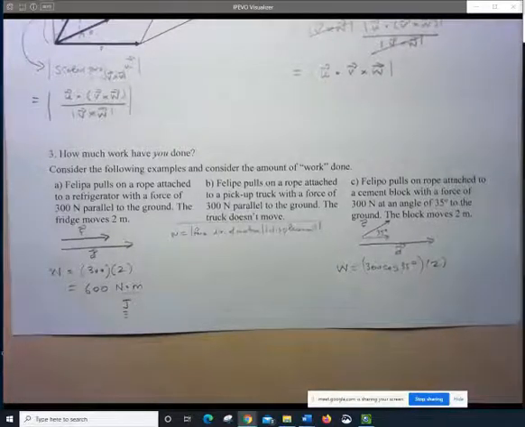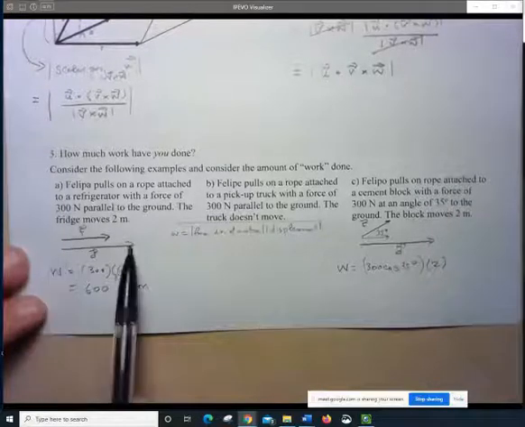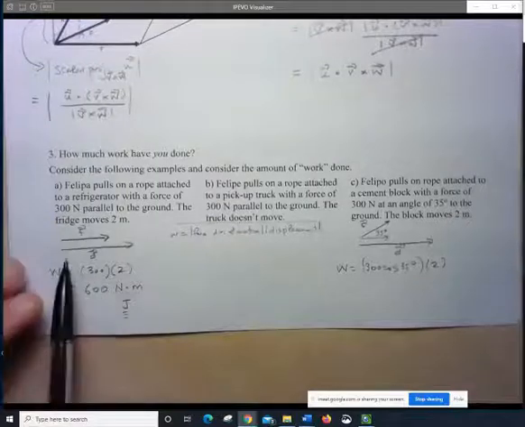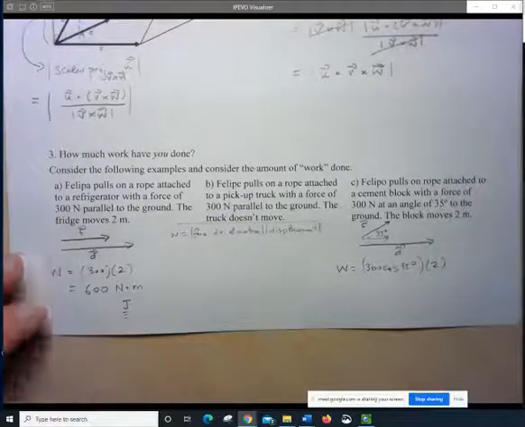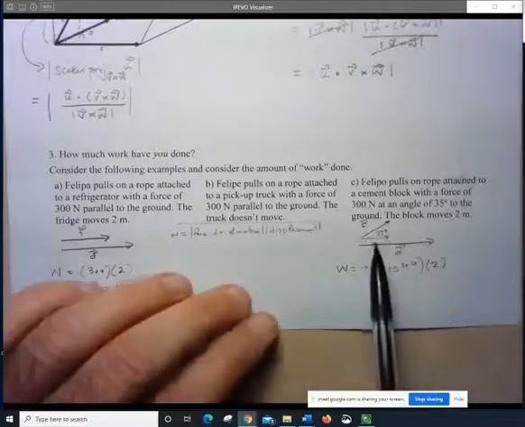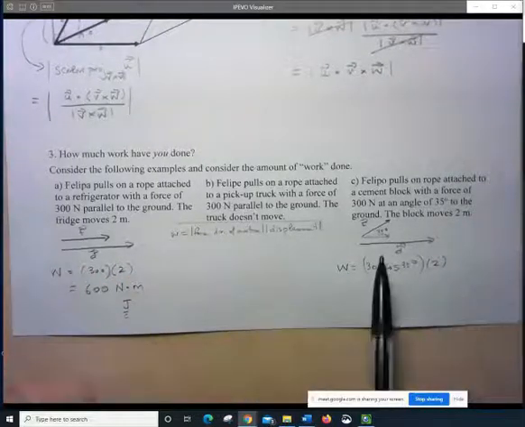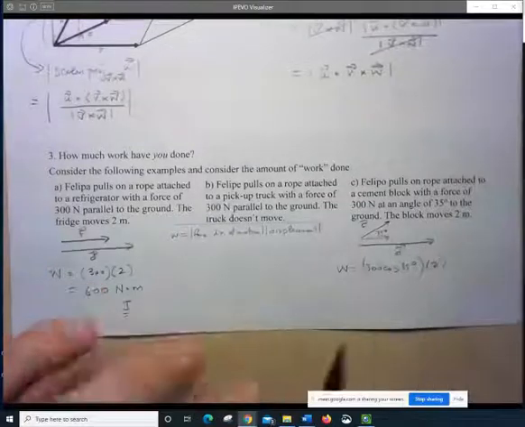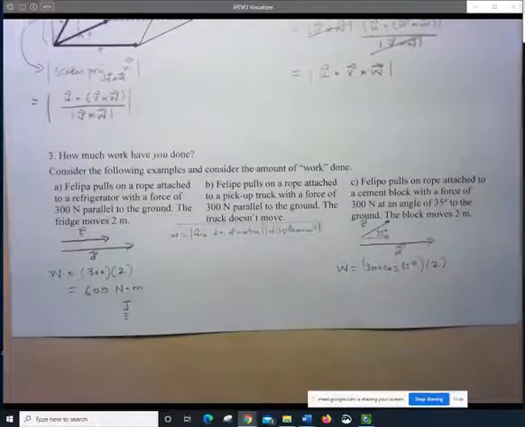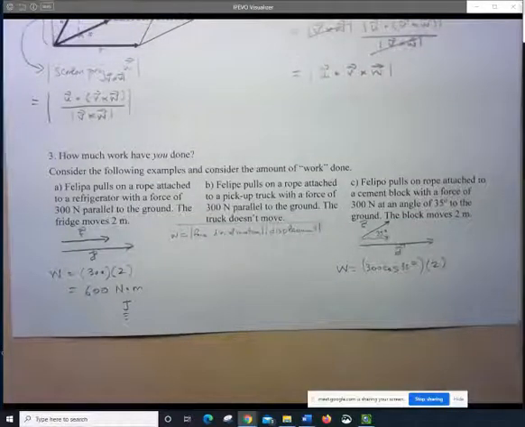The most efficient way of applying this force would be parallel to the direction of motion. So the full amount of the force is being used to produce that displacement, whereas here it's only a portion of that force that is actually going towards producing the displacement. So Filippo actually does less work than Felipe did. Okay, very good. The important thing here is, less than 600.